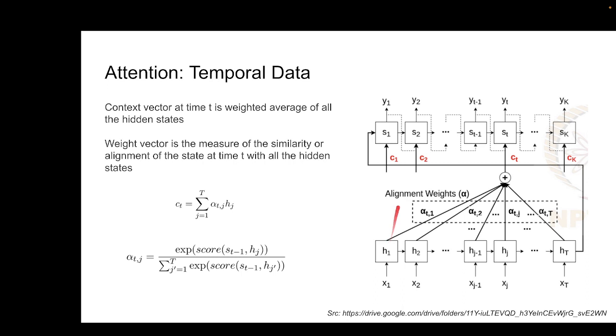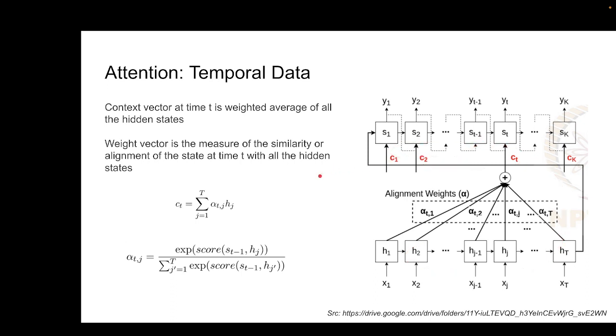So what people came up with is that we'll keep the encoder and the decoder, that's not a problem, but we'll enhance the decoder's representation so that it contains more information from the encoder, because ultimately our goal is to convert the source sentence to the target sentence.